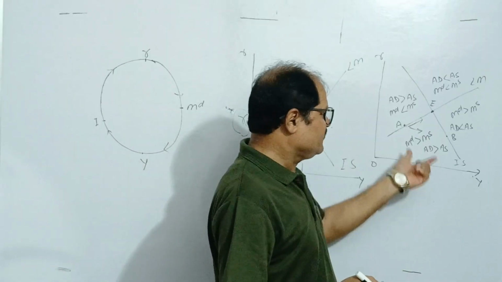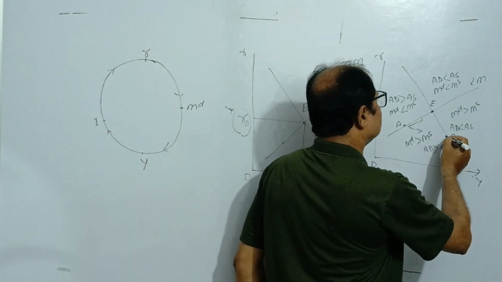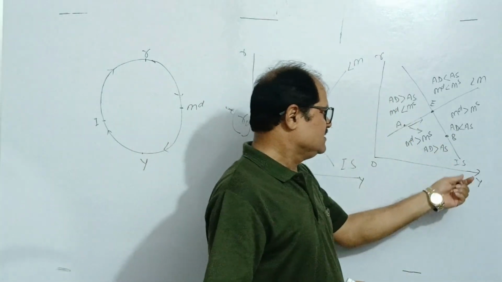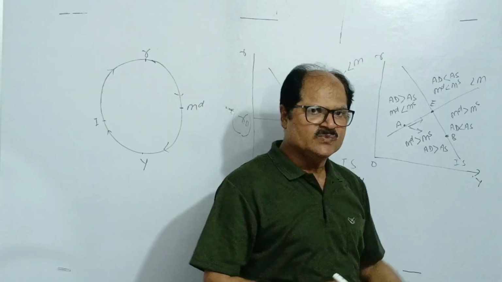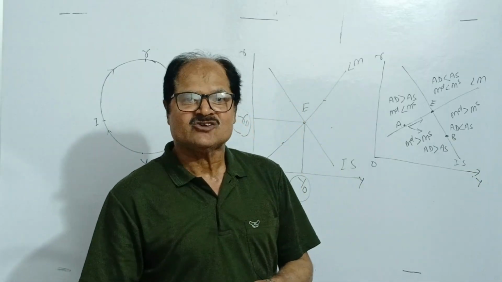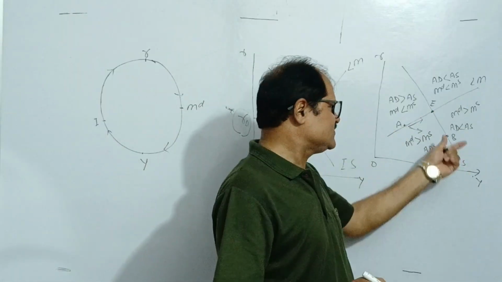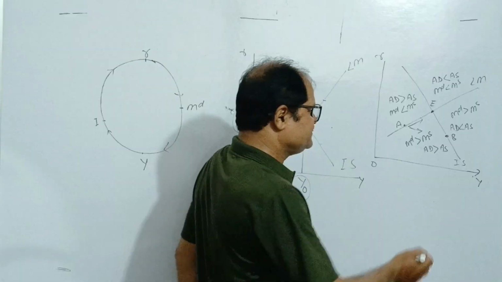Similarly, if we are at any point other than A, like B, what is happening at B? At B point, we are on IS curve, means at point B there is product market equilibrium, but money market is not in equilibrium because this point is off the LM curve. What is the condition in money market?